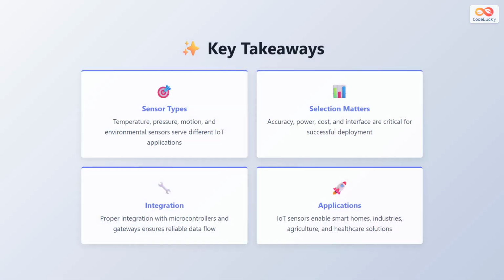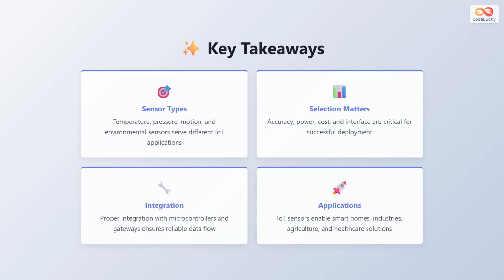Let us summarize the key points from this comprehensive sensor guide. First, there are multiple sensor types including temperature, pressure, motion, and environmental sensors, each serving different IoT applications. Second, sensor selection is critical and depends on factors like accuracy, power consumption, response time, cost, operating range, and interface compatibility.